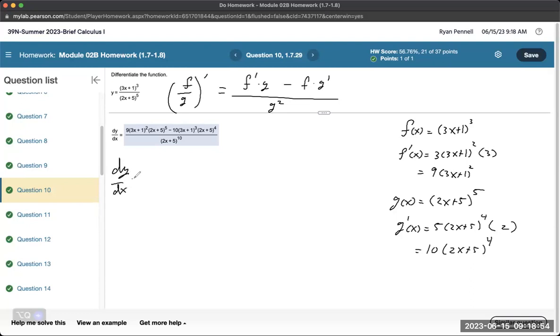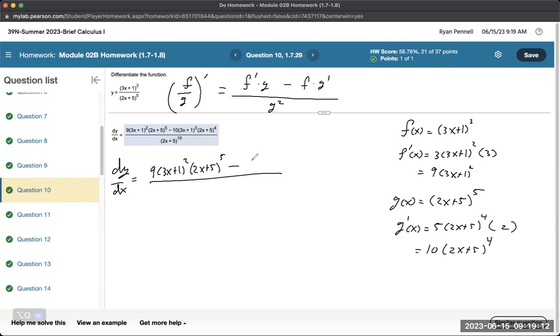dy dx. f prime first, 9, 3x plus 1 squared times the original g. Okay, minus sign from the formula.